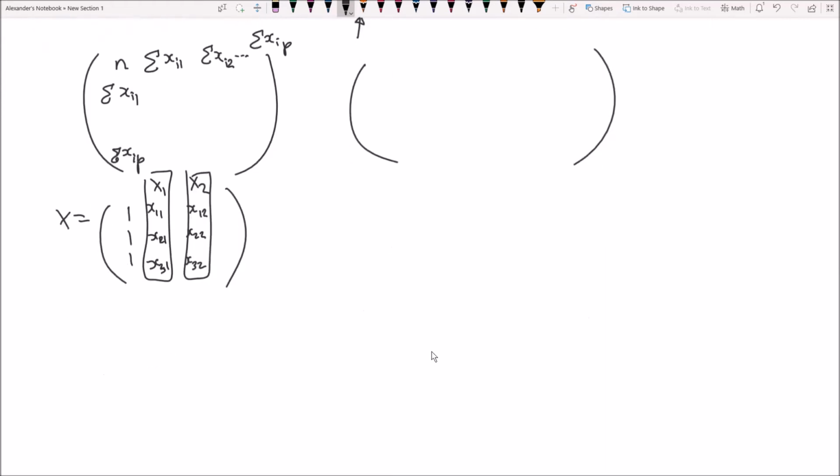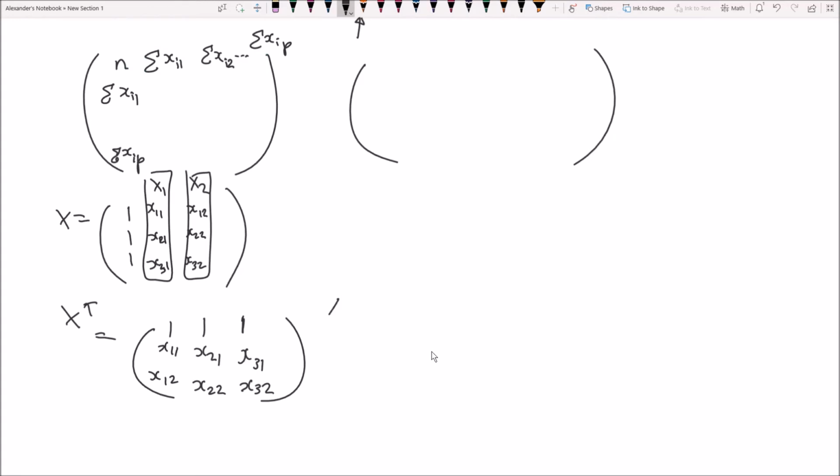So if this is X, then X transpose is going to be swap the rows with the columns. So row 1 becomes column 1. You've got 1, x11, x12, then 1, x21, x22, then 1 again, x31, x32.